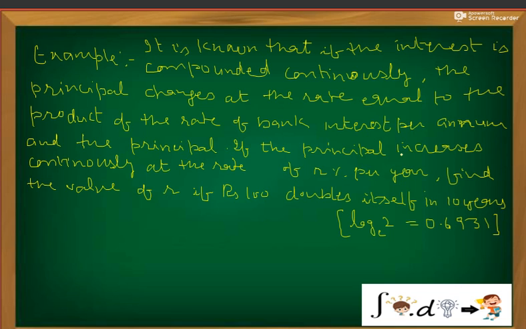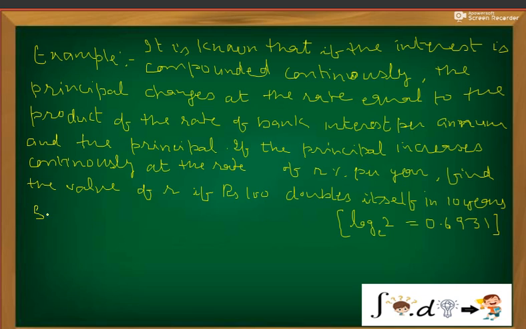If the principal increases continuously at the rate of R% per year, find the value of R if 100 rupees double itself in 10 years, and use log 2 base e is equal to 0.6931.